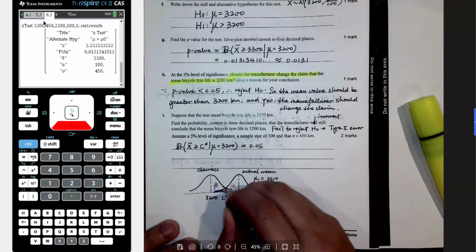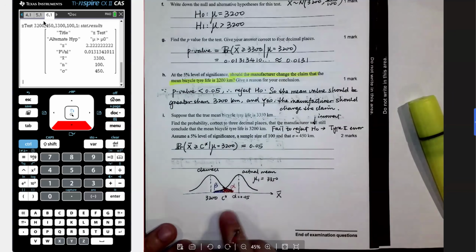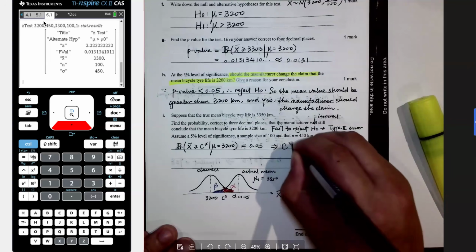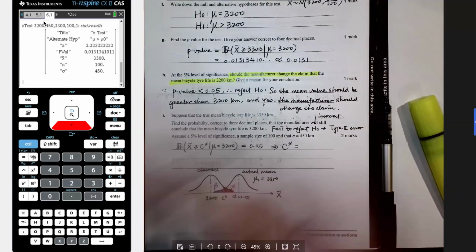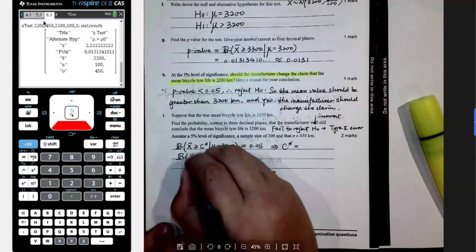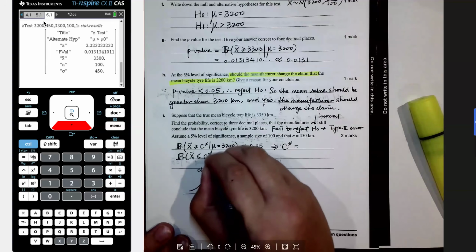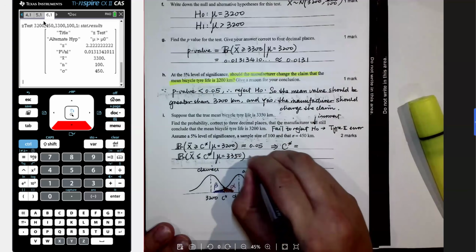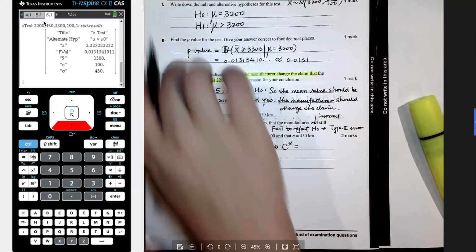This is my alpha. This is my beta, okay? So I'm actually getting the C star, and then I'll calculate the probability X bar less than or equal to C star given mu equals 3350. That's equal to something, okay? So it's a two-stage problem.